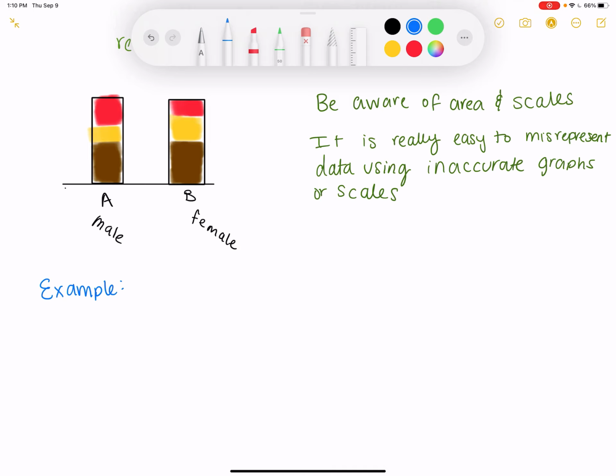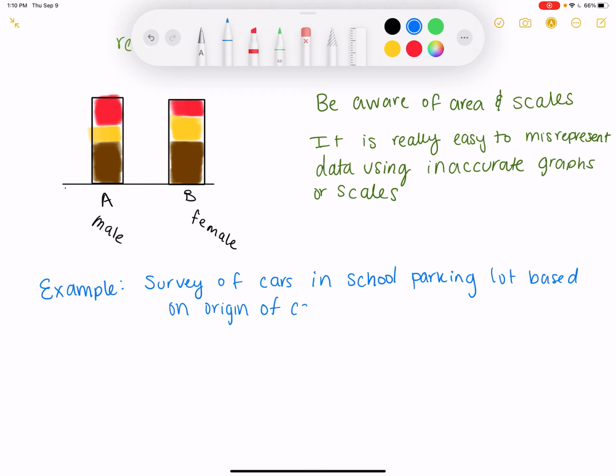So this is going to be a survey of cars in the school parking lot, not ours, but just one, based on the origin of the car. So it's going to be USA, Europe, and Asia.